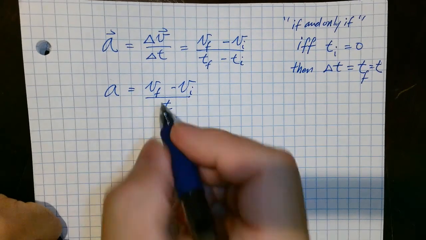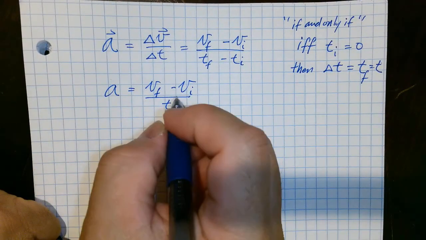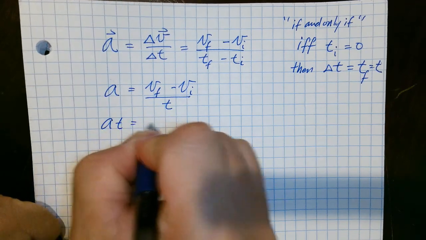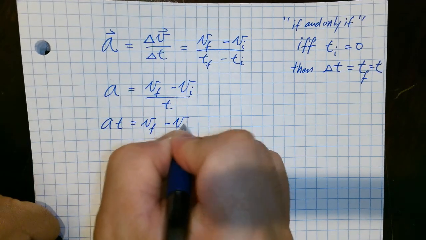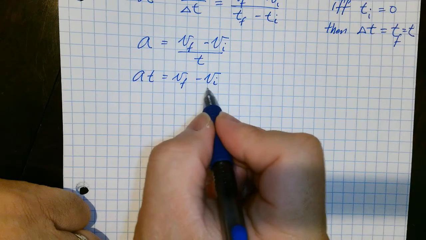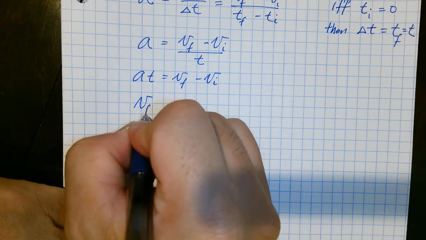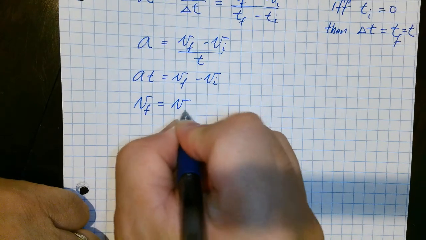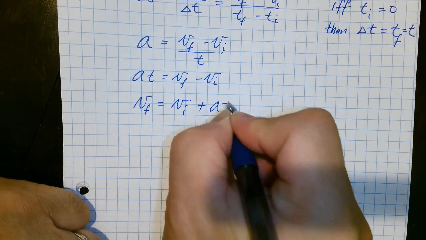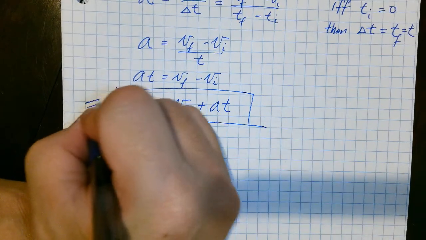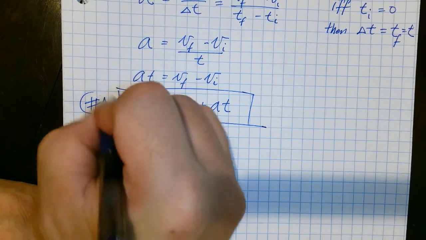If I rearrange this equation using algebra and multiply both sides by time, I get a times t is equal to vf minus vi. If I solve for vf and flip this equation around, I get vf is equal to vi plus at. This is equation number 1 for constant acceleration.